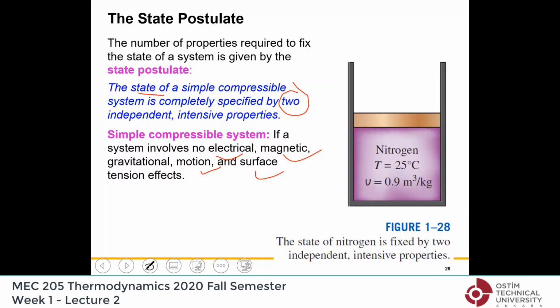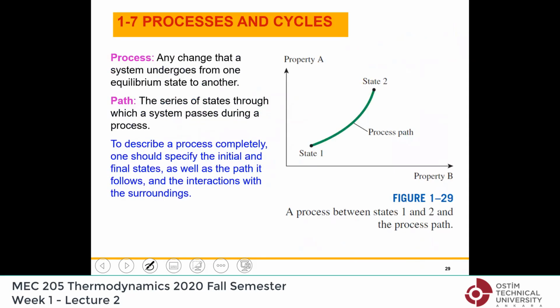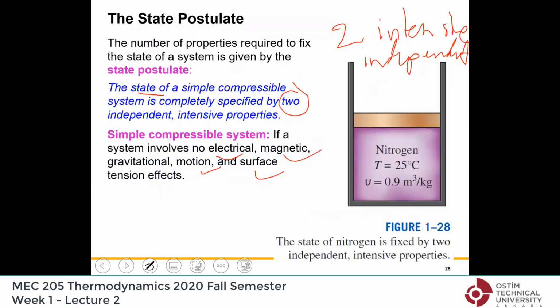That is, if you know two properties that are intensive, okay, and independent, they fix the state. Now, intensive means it doesn't change with the mass.